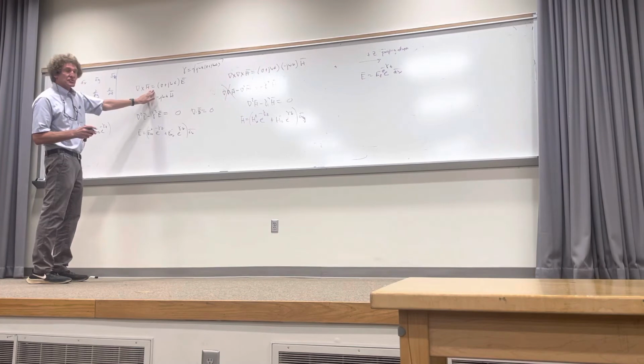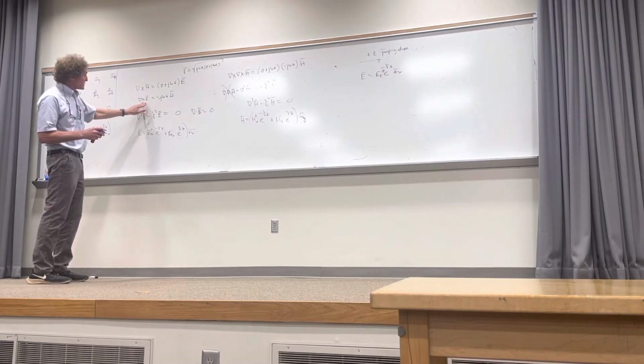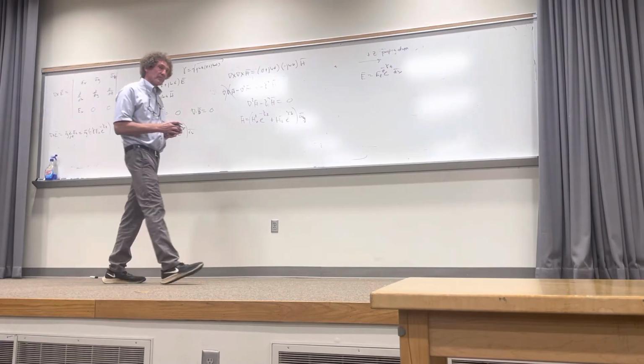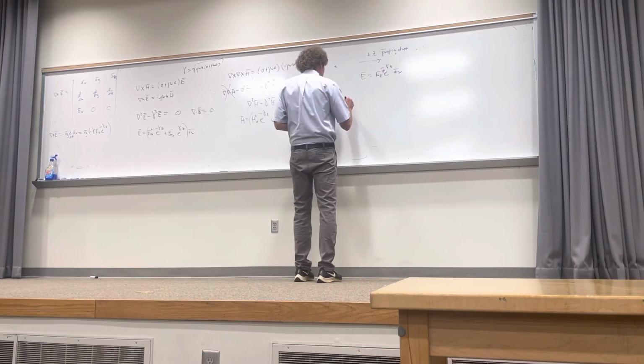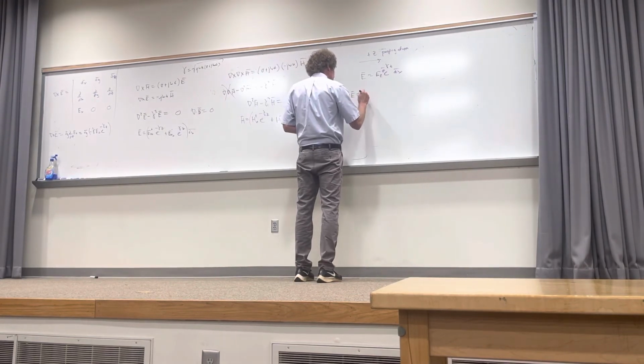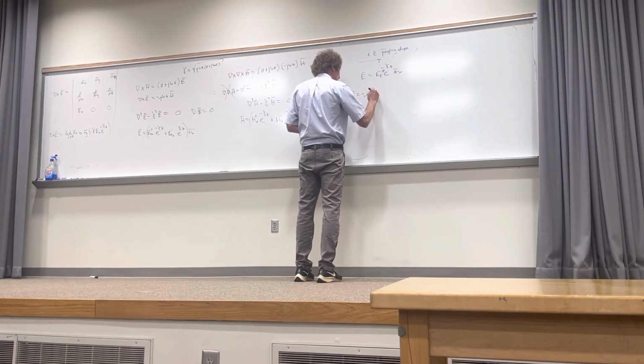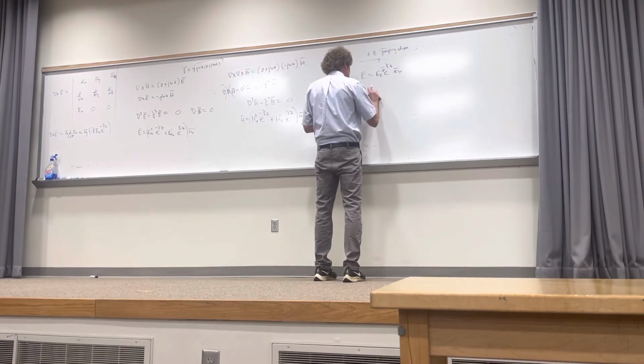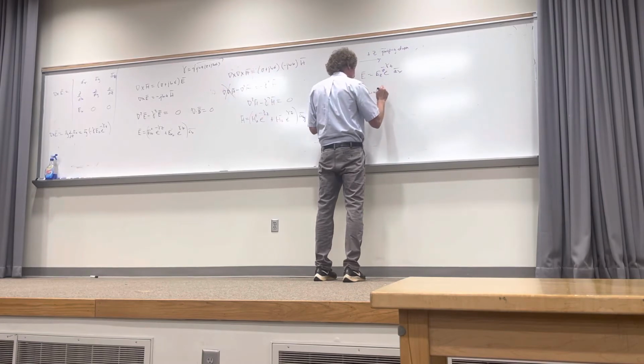Now here's why I did it. Because I know this is true. Y'all follow me? And I know this is true. So curl of E right here, follow me now. Write this down. Curl of E here is equal to minus j omega mu times H. Okay?